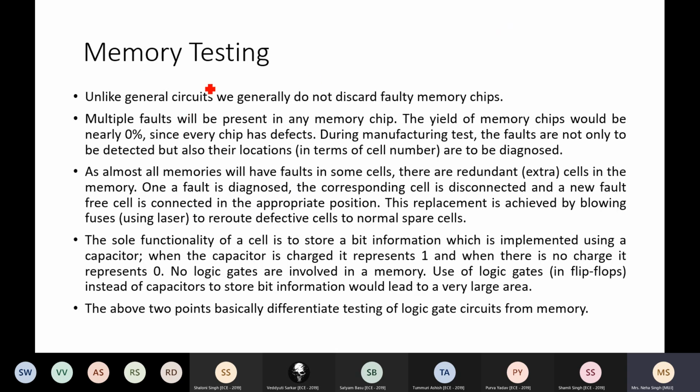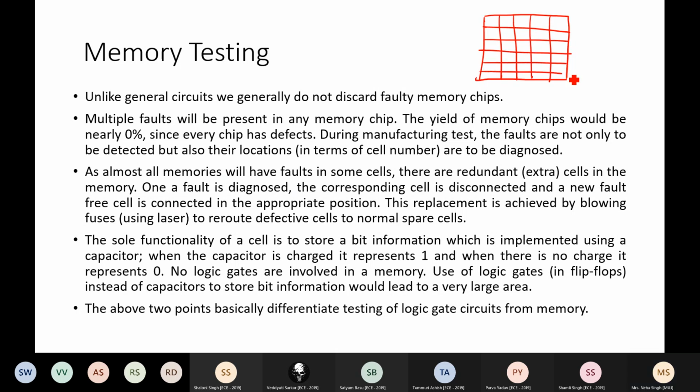When it comes to memory testing, what we basically do is, suppose we have a memory structure, we have so many registers implemented, each register representing one bit. A quite dense structure, megabytes में है memories, gigabytes में. So now what happens, suppose I test this location and this location is identified as faulty.